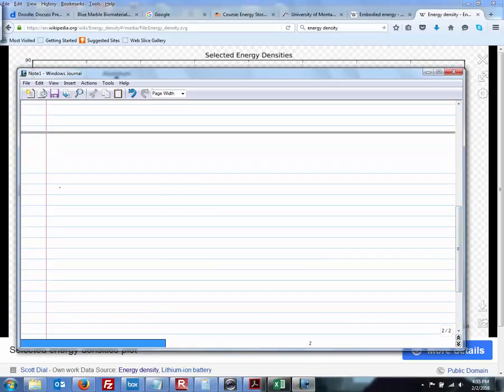So I know that the energy is going to equal the energy density times the volume. It's the product of those two things. And I'm also going to write out the dimensions, and again, this will get us back into that engineering technology.